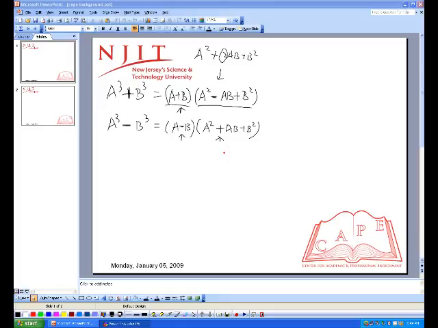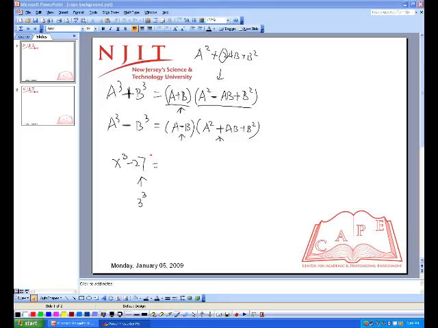Now, to give you an example, we could just do x cubed minus 27, right? First of all, we can recognize 27 as 3 cubed.